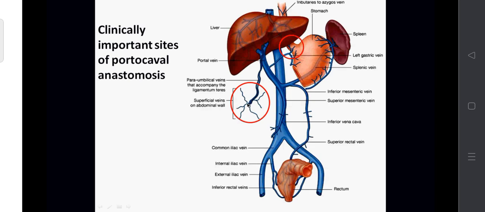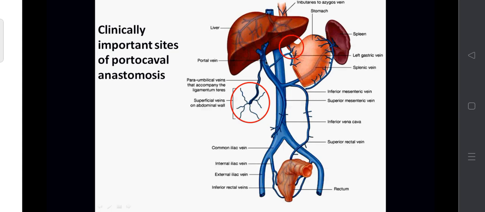Here the paraumbilical vein conveys the blood to the portal system. The superficial veins of the anterior abdominal wall, that is the superior and inferior epigastric, lateral thoracic and superficial epigastric, are the tributaries of systemic veins.